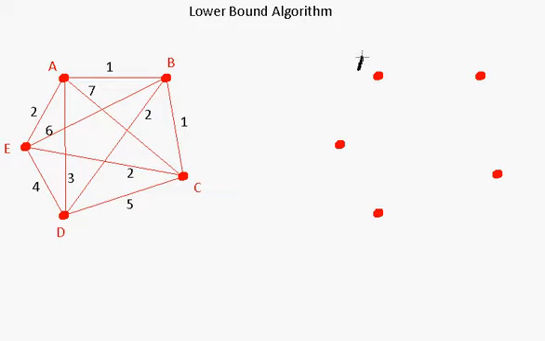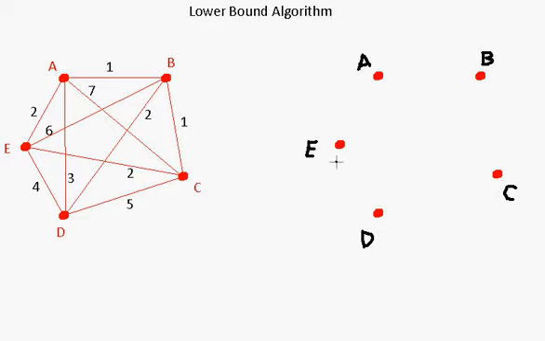Say I was going to delete A. In other words, I've got to not delete A, but ignore A for the time being, and I am going to find the minimum spanning tree for the remaining 4 vertices.